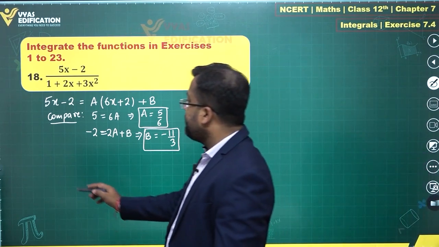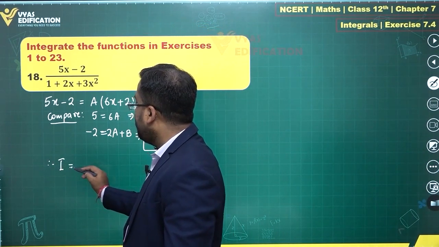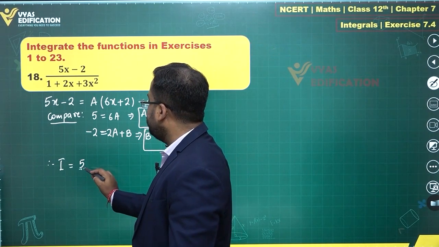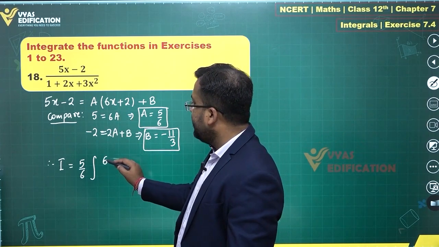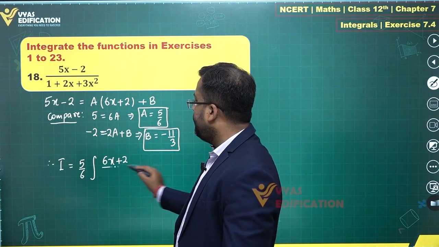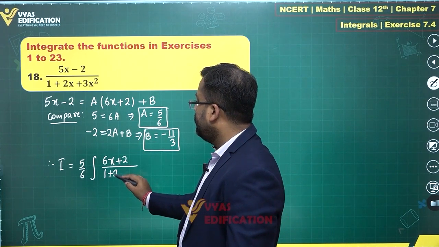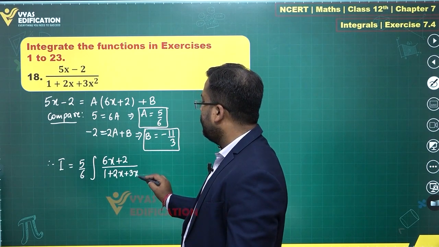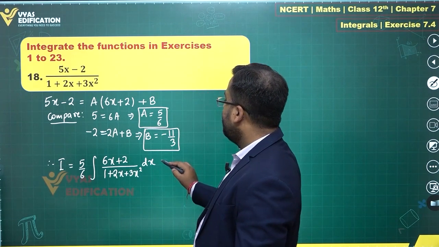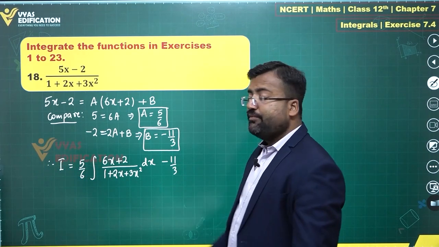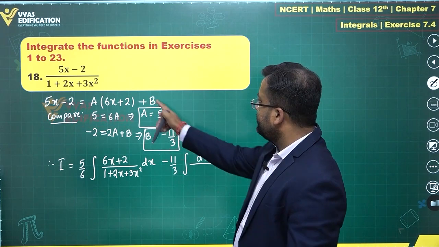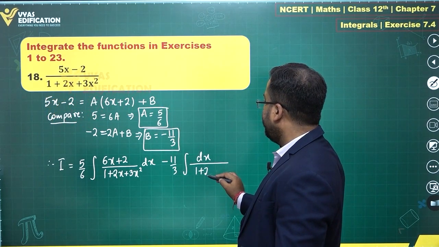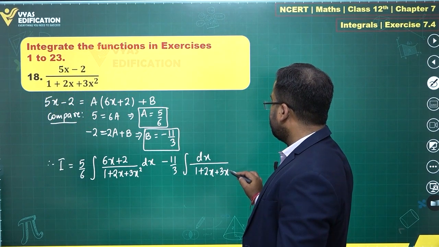Therefore, the integral will be equal to 5 by 6 times the integral of 6x plus 2 upon 1 plus 2x plus 3x square dx, minus 11 by 3, that is the value of b, times another integral dx upon 1 plus 2x plus 3x square.